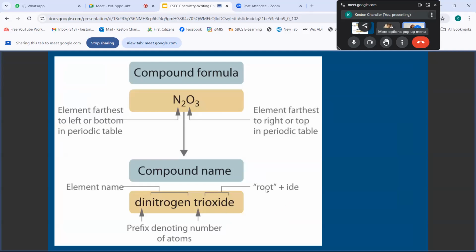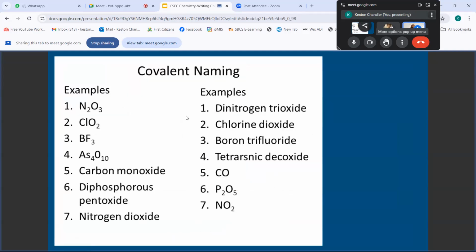And then we have the root name, which is oxygen, and we will always add an "ide." So we have dinitrogen trioxide. So the prefix denotes the number of atoms. Understanding this is important because sometimes if we are given the compound name and we have to write the compound formula, we could use the name in order to figure out what the formula would be. Does that make sense to you?